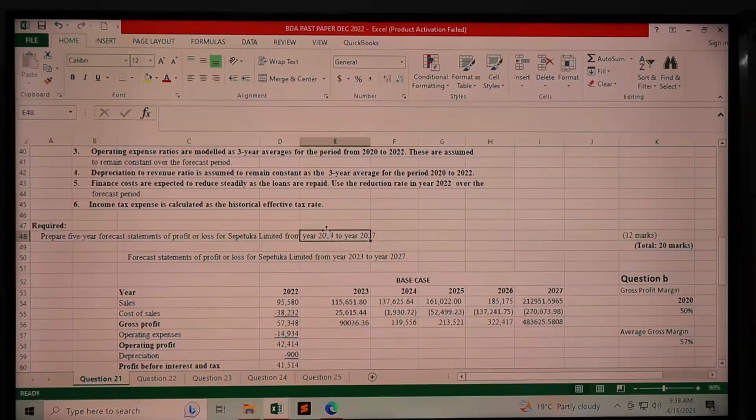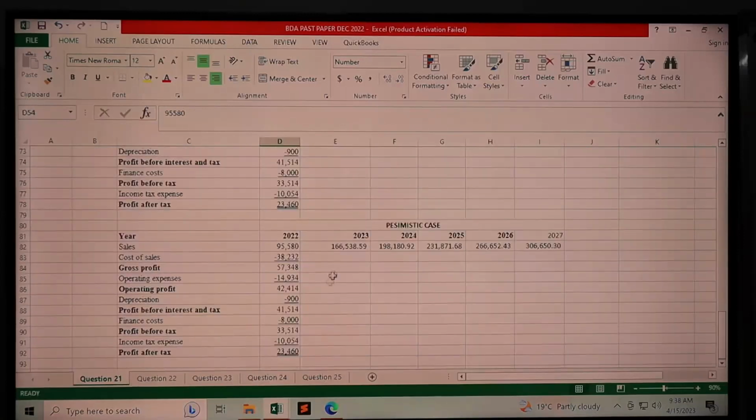Notice it is the year 2023 to the year 2027. So of course you have to give the base year, so that is the base you start from. That is the first thing you're supposed to set.